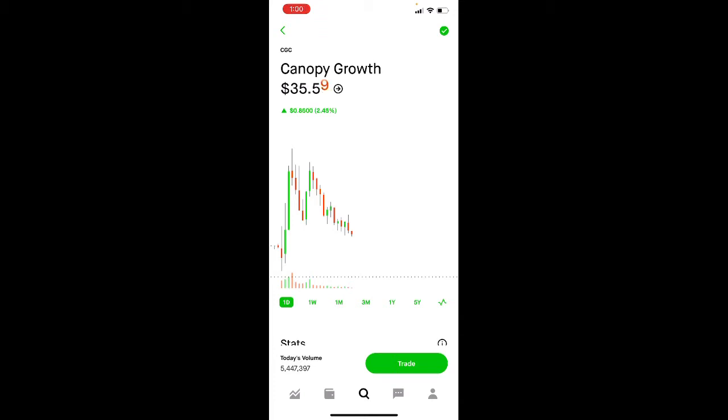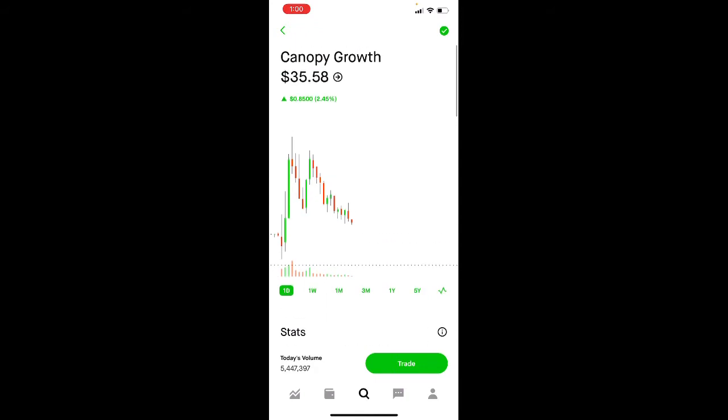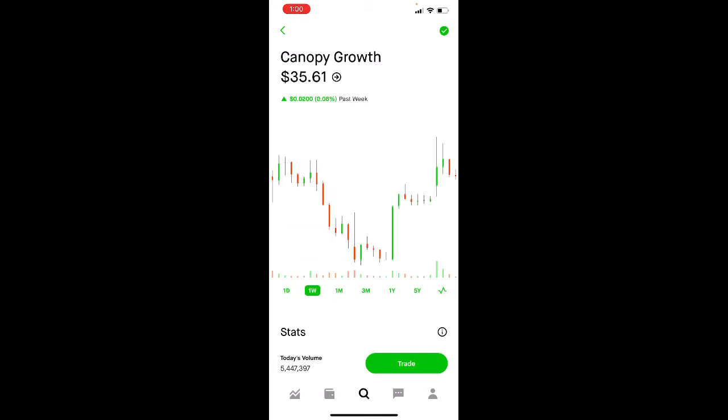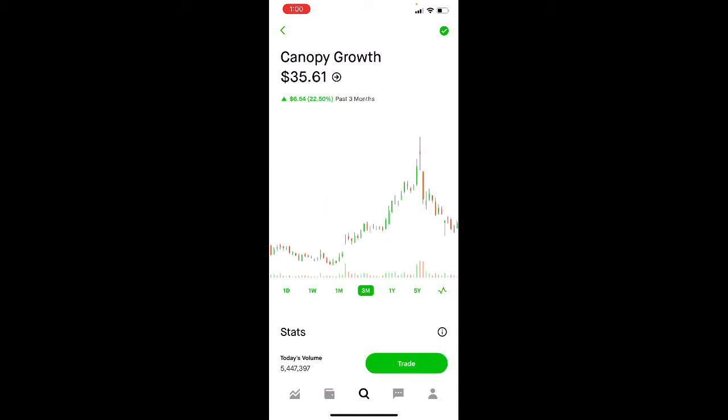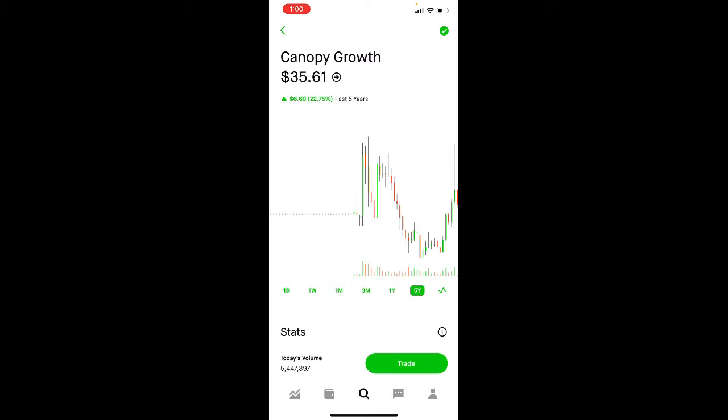Down below, if you look, you'll see these frequencies. So it's 1 day, 1 week, 1 month, and so forth. This shows the activity for that stock for those time periods. So this is the daily chart. Click it. We have the weekly chart, monthly, 3 months, 1 year, 5 year.